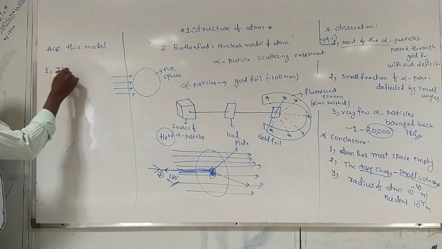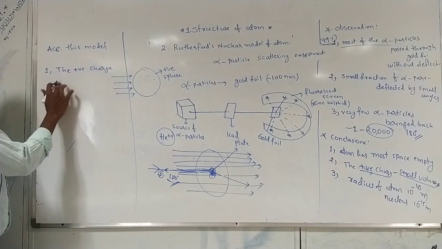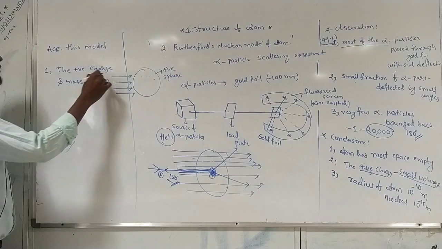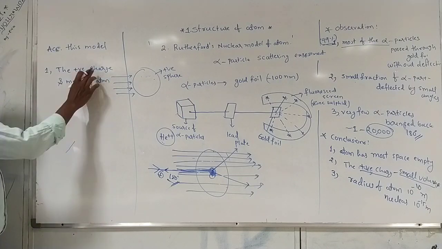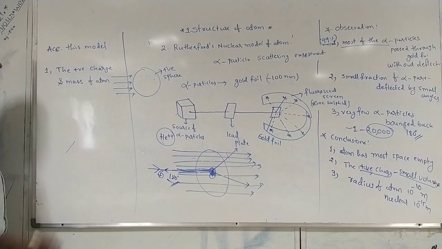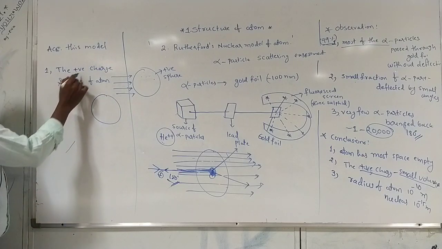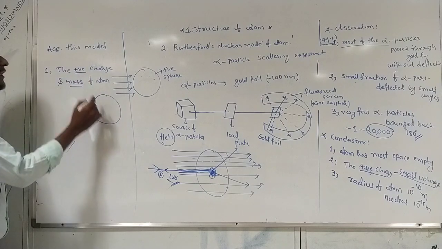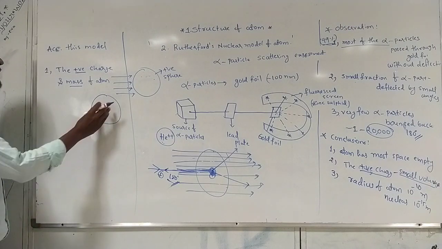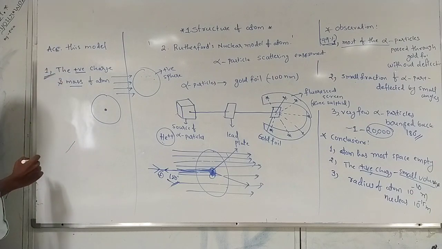The positive charge and mass of the atom are concentrated in a very small dense portion, a very small volume at the center of the atom. That is the first point.